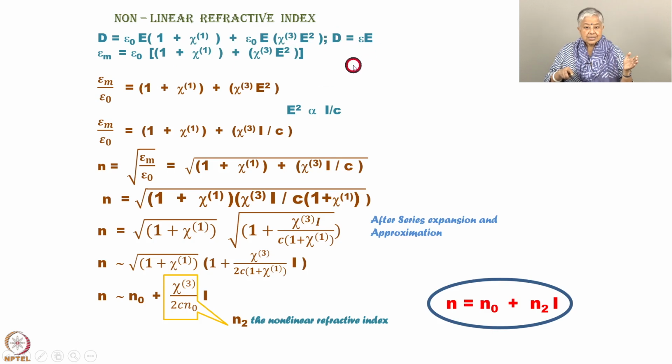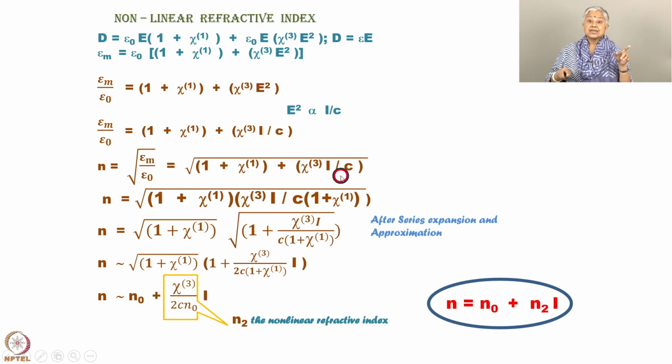So, if you compare this equation with this equation, then your epsilon m is equal to this part. I have just taken the E out of this place, which corresponds to this E. So, I am comparing these equations and calling epsilon m as this. So, epsilon m by epsilon 0 is 1 plus chi 1 plus chi 3 E square.